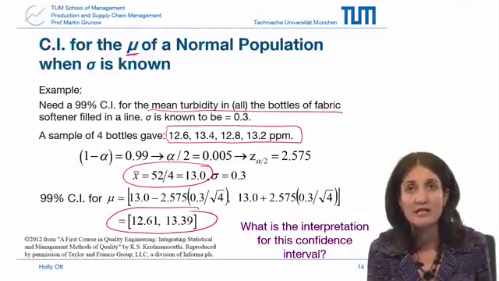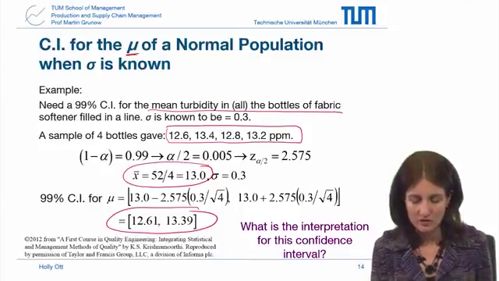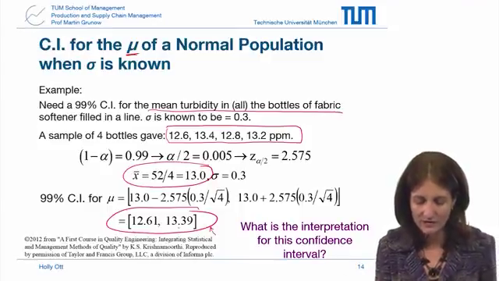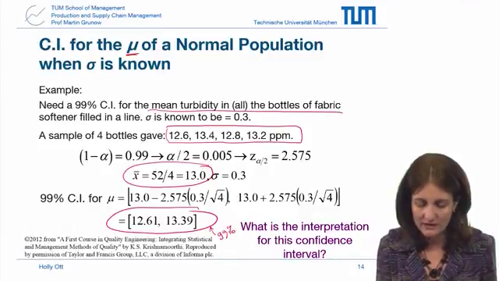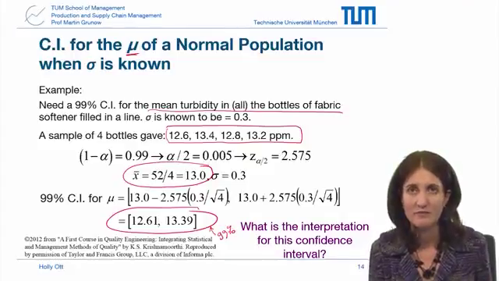We know it's not 13 because we just took a sample of 4, but we can construct a confidence interval around that 13 so that we are here with this confidence interval, 12.61 to 13.39, we are 99% confident that our true mean lies within that interval.